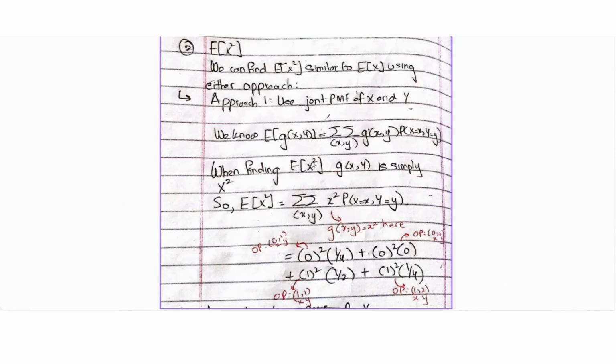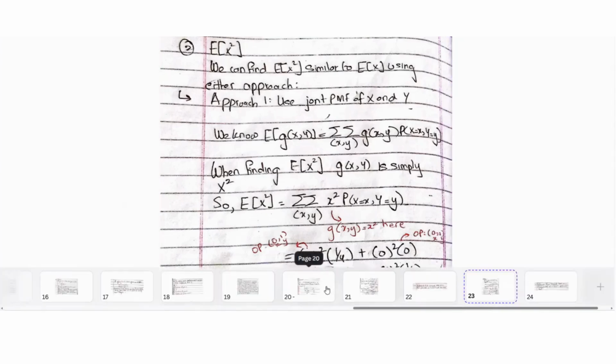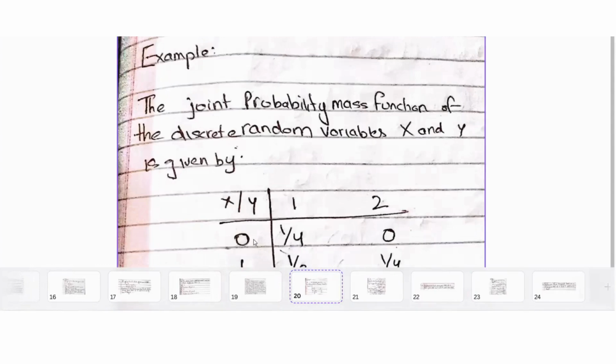Now, when we were finding the expected value of X, g(x,y) was x, but now when we're finding the expected value of X squared, this function of x and y is simply x squared. We again go back and sum up over all ordered pairs. The first ordered pair is X is 0, Y is 1, and the probability of that is 1 by 4.